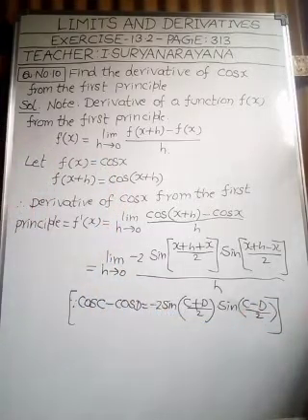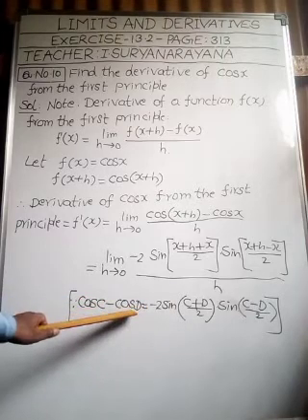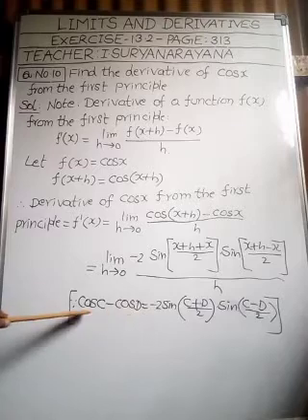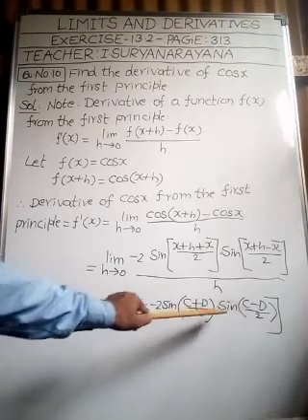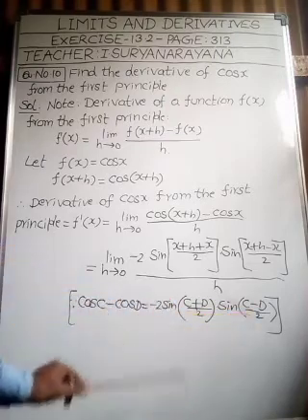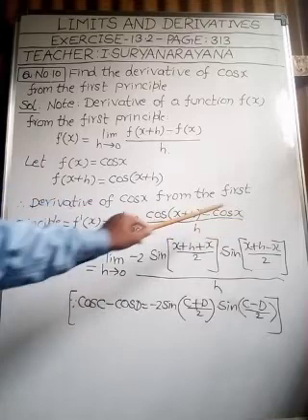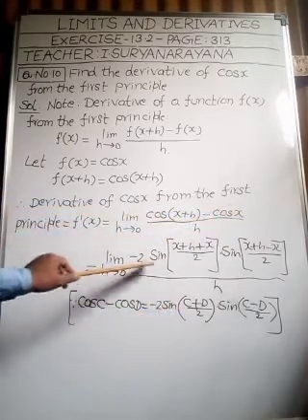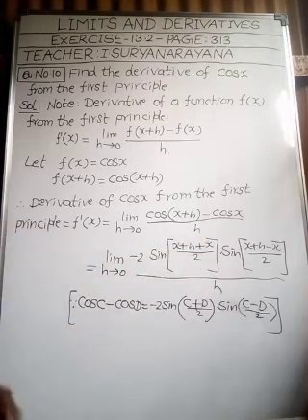This is called the transformation formula. In the trigonometric chapter, you have learnt this transformation formula, where C is equal to x plus h and D is equal to x. So we are substituting these two values in this formula, then we get this numerator. Understood this part, my children? Right.